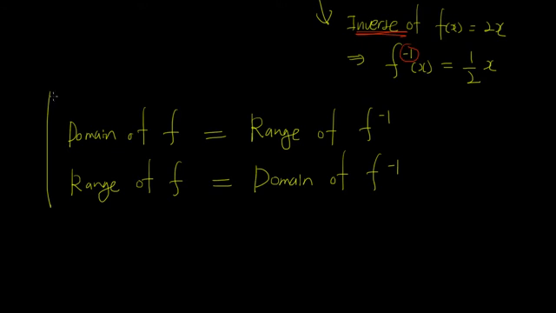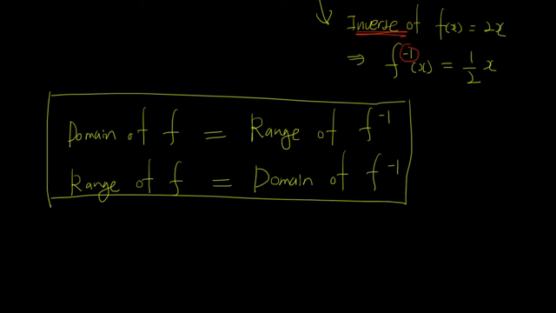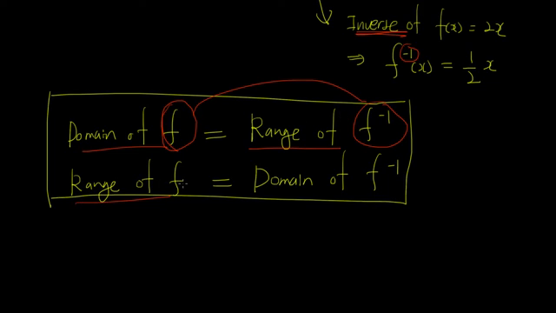So the domain of a certain function is the range of the inverse of that function, and the range of a certain function is the domain of the inverse of that function. So domain and range are switched for the inverse of a function.